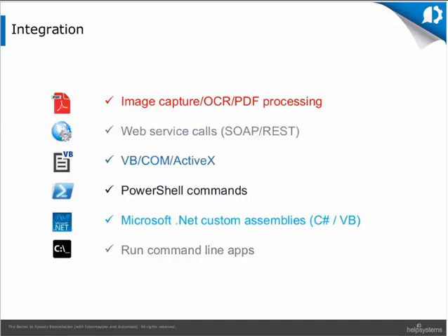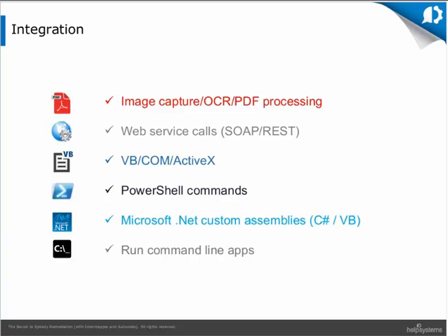And then, like I said, Automate is kind of the great integrator. If you do any kind of OCR or PDF processing, we can do that. We have web service actions included so that you can manage those web service applications, PowerShell commands. Like I said, you can build your PowerShell script within Automate, or we can just execute an existing script as well.